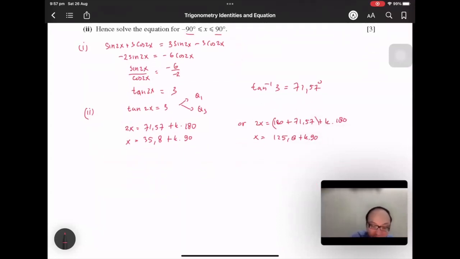So now, if we put k equals 0, x will be 35.8 degrees, which is in the first quadrant. So we take this value. For this one, when k equals 0, x will be 125.8. This is greater than 90, so we reject this.